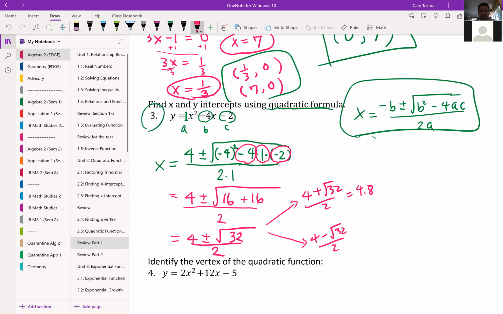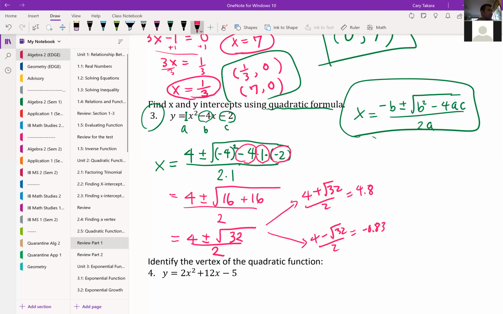It's an irrational number, an ongoing decimal without any repeating pattern. It's 4.8. Then 4 minus square root of 32, enter, and then divide by 2. Negative 0.8. So that's it. Were you able to get 4.8 and negative 0.8? How did it go?